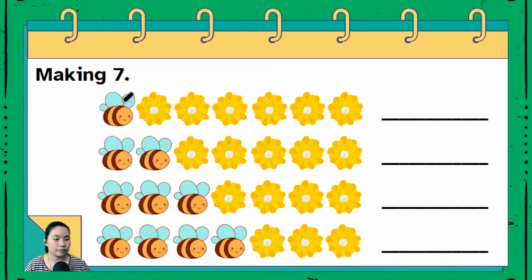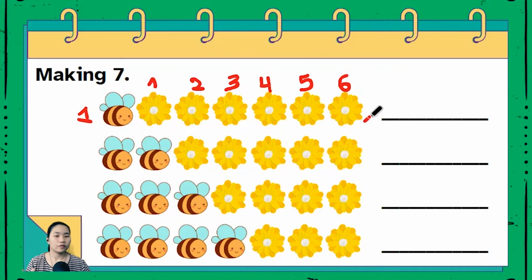Let me demonstrate. I have 1 bee over here. And I have 1, 2, 3, 4, 5, and 6. I have 6 flowers and 1 bee. What is 6 plus 1?